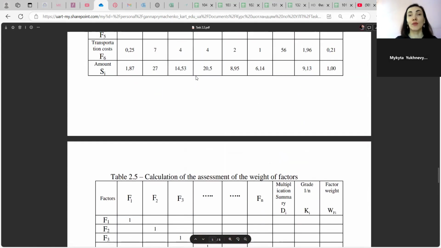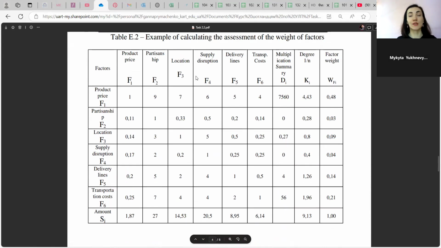Maybe it will be better to work with this example. You have the same table in your book or in your electronic document. It is the result of our previous calculation and previous lesson. Now we need to find the last line of this table, the amount S with index J, and we take one by one. For the first factor S is, in our example, 1.87, and the weight is 0.48.